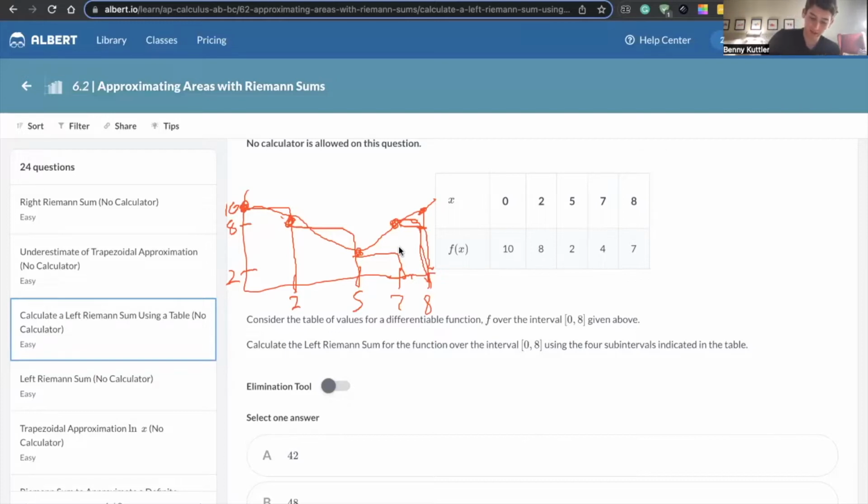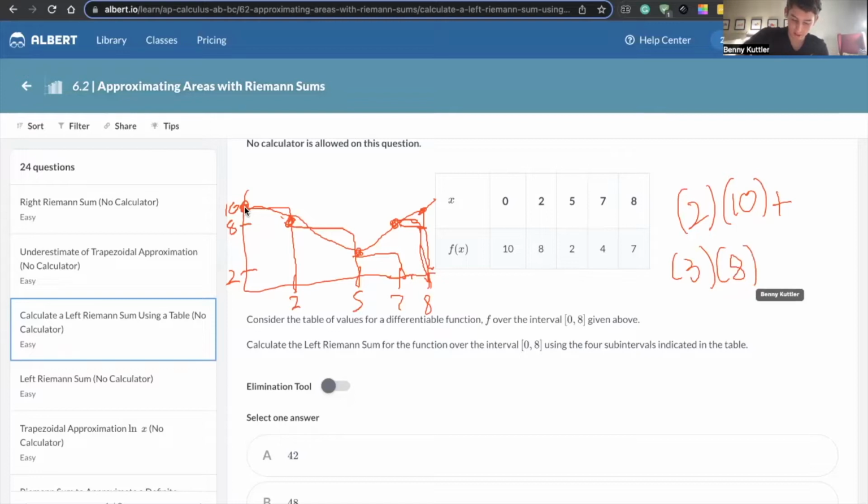So if we find the difference in x from 2 to 0, it's 2. So 2 times the height, which is 10, plus 5 minus 2 is 3, times 8, plus 2 times 2, plus 1 times 4.